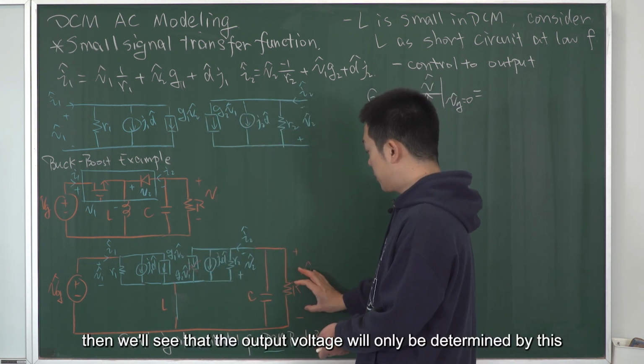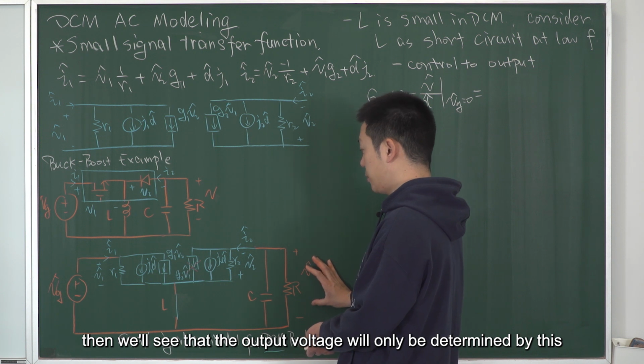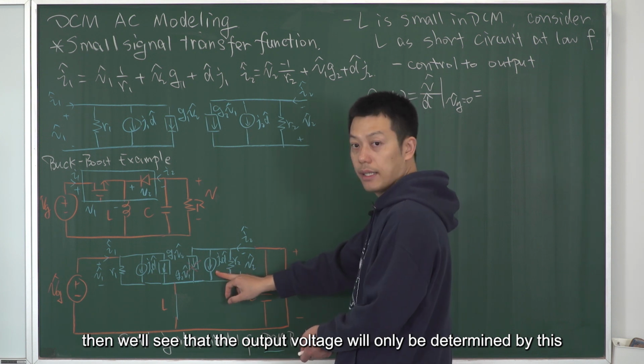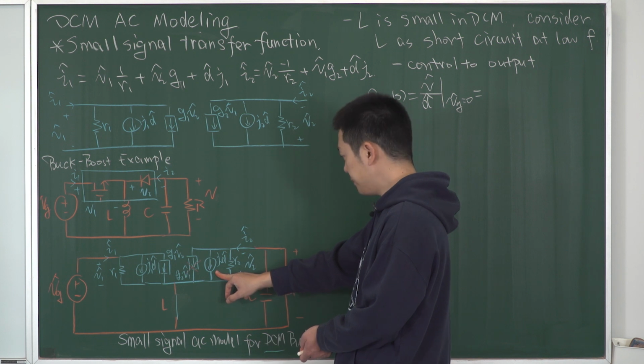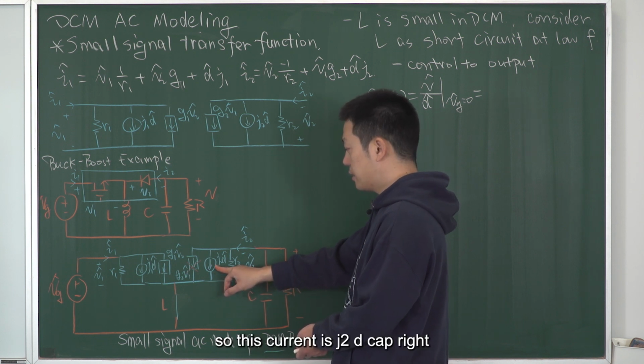Then we'll see that the output voltage will only be determined by this excitation source. This current is J2D cap.